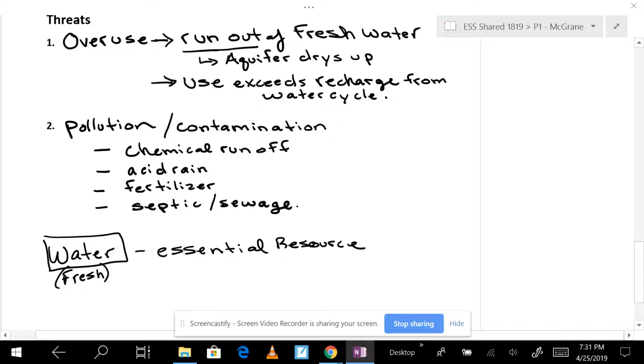You can look at it any way you want, but I like to look at it as a non-renewable resource, because if we pollute it and get rid of it, it's not going to be able to come back in our lifetime, right? When we're dealing with drying up aquifers. So it's an essential resource, and I would like to think about it in this class as being non-renewable. We have to take care of it because we need it for life. All right, that's it.